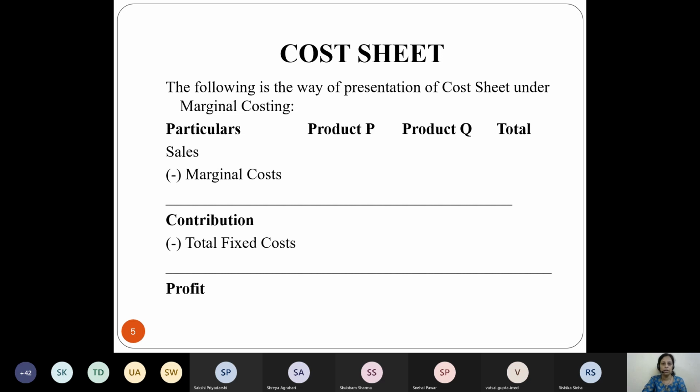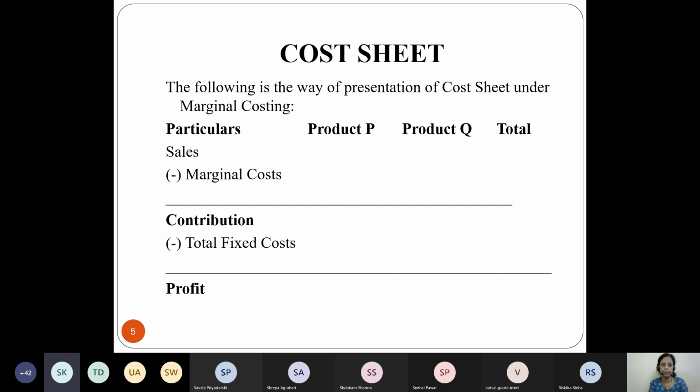Sales of P, sales of Q, total sales, minus marginal cost of P, marginal cost of Q, total marginal cost. So you will also find contribution of product P and product Q, and total contribution. Up to this, is it clear?